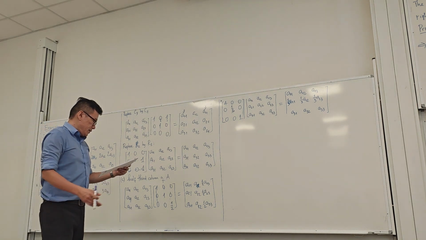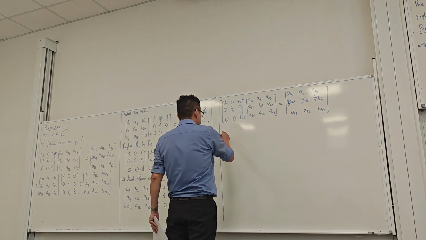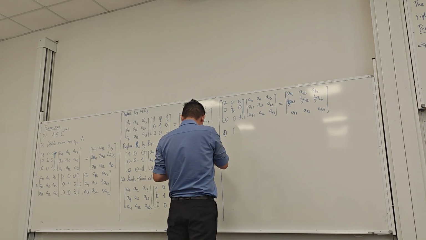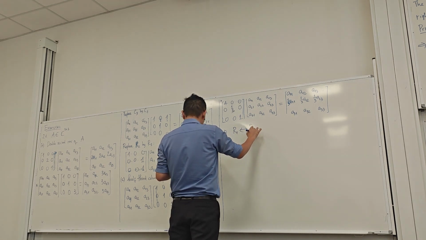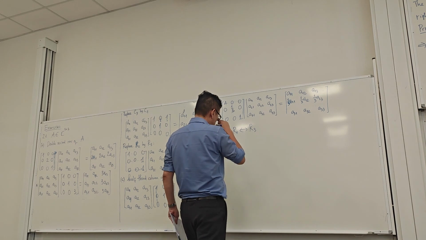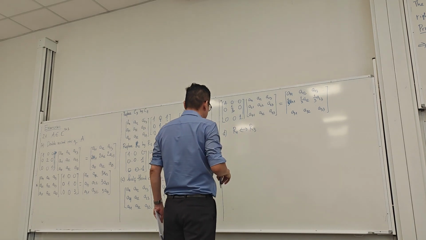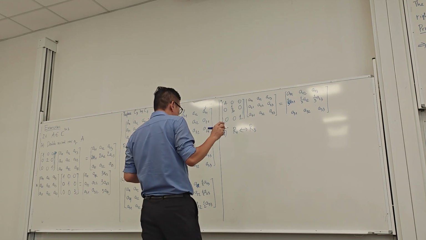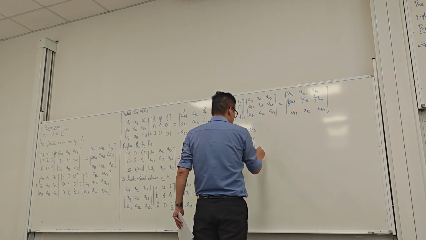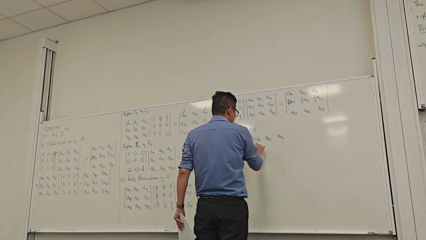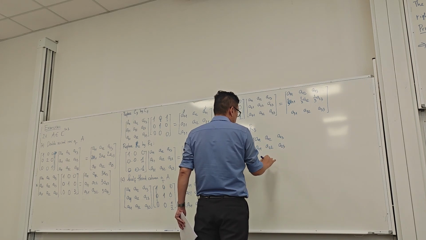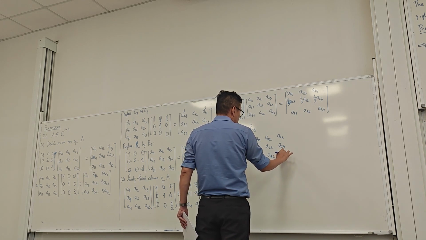Now let's go with D. Interchange row 1, we swap it with row 3. Okay, because this is about rows. So you imagine the matrix here. A11, A12, A13, A21, A22, A23, A31, A32, A33.